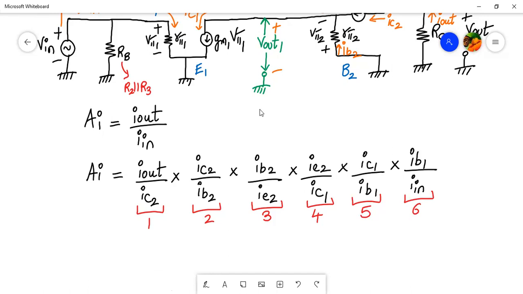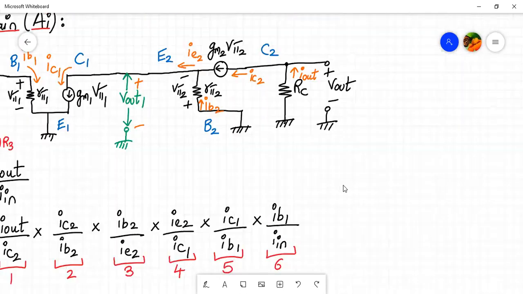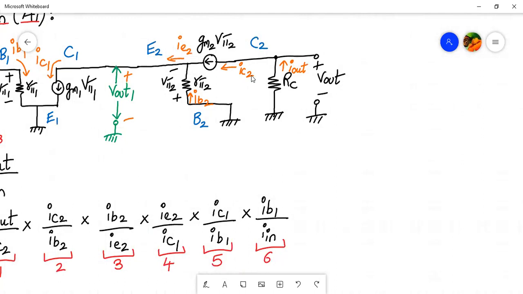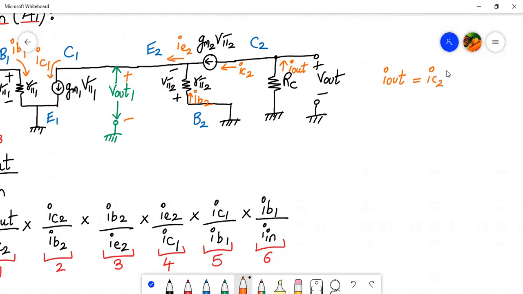So first of all, what is the relation between your output current I out and IC2? Let me add over here in orange color. If you look carefully, I out and IC2 are one and the same thing. So I out divided by IC2 will be equal to 1.